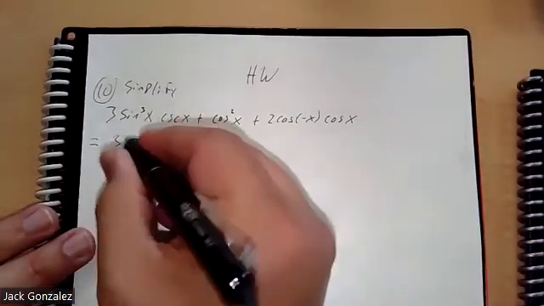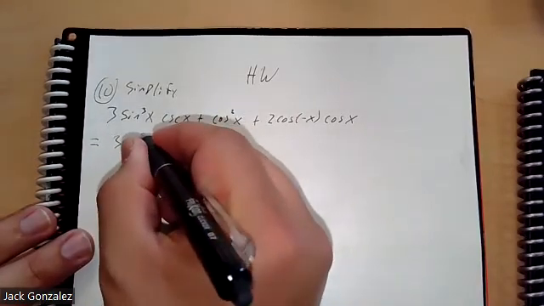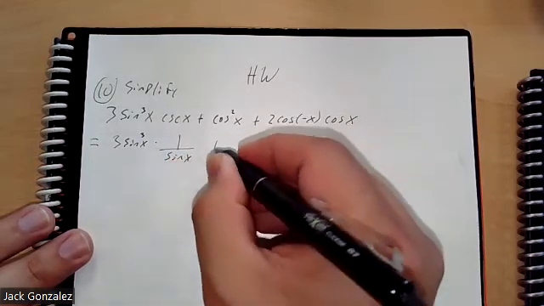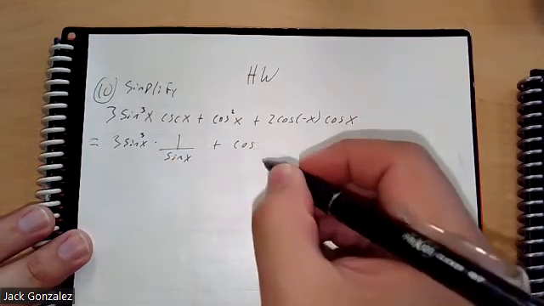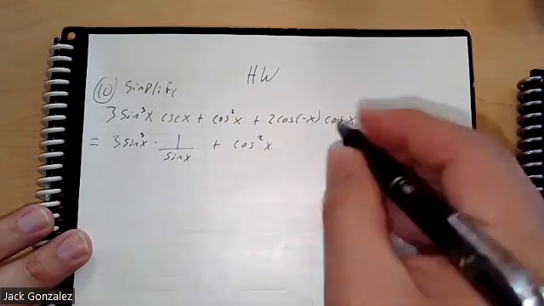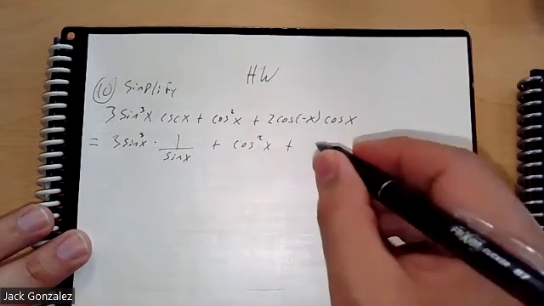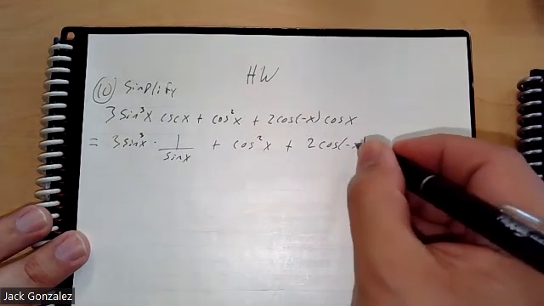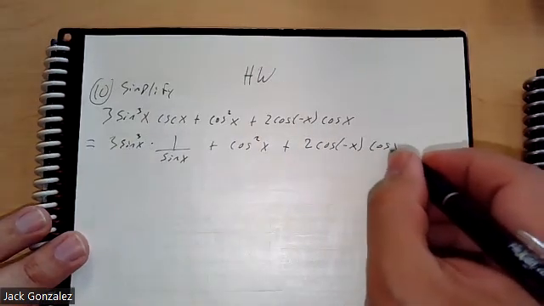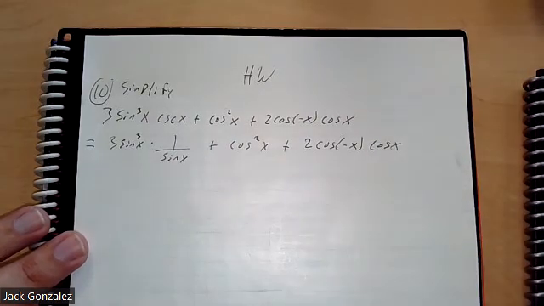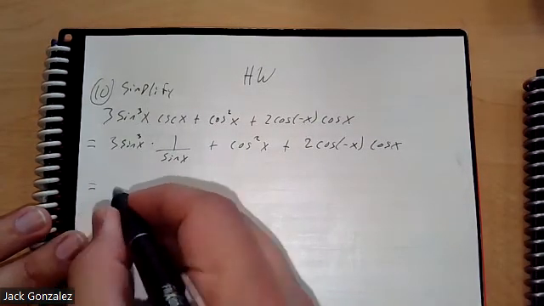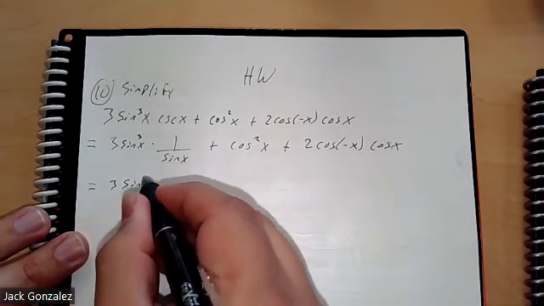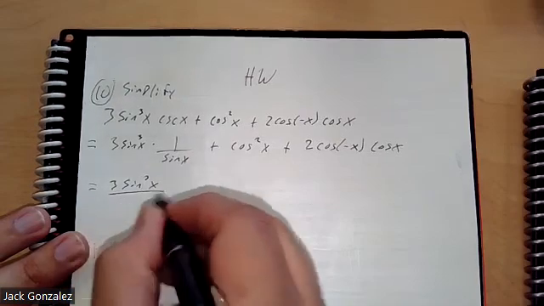So change cosecant into 1 over sine. What should we do next? Yeah, even odds is a good idea. Okay. This would become 3 sine cubed over sine, right?